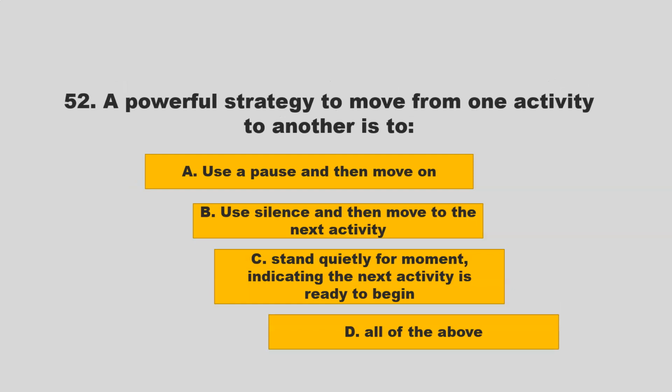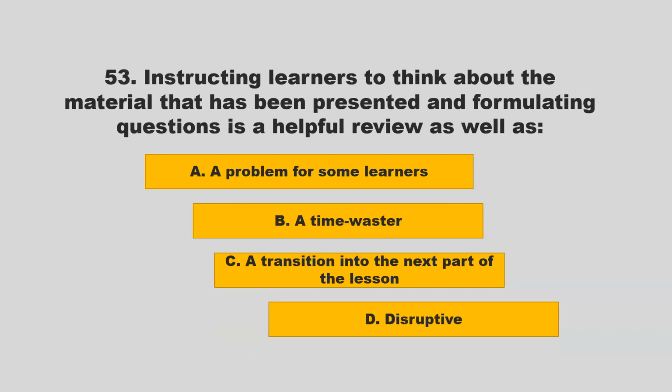A powerful strategy to move from one activity to another is to use a pause and then move on, use silence and then move to the next activity, stand quietly for a moment, indicating the next activity is ready to begin, all of the above. If you chose D, all of the above, you are correct.